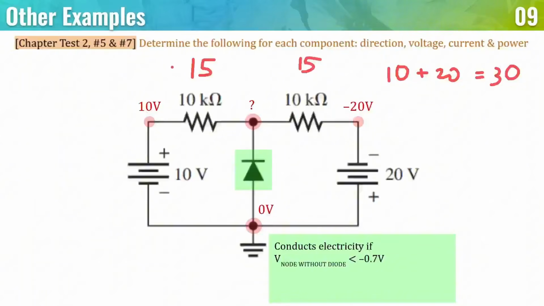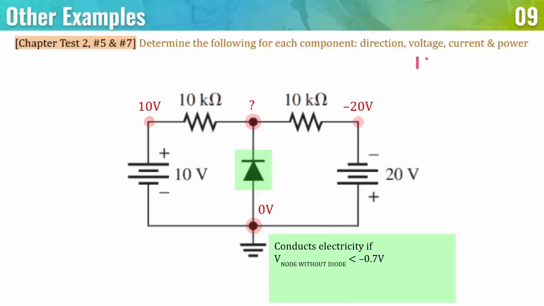Sorry, we have to make it negative. So 10 volts minus 15 volts is negative 5 volts, and 5 minus 15 volts is going to equal negative 20 volts. Similarly, if you want a shorter method to do it, you can just get the average.